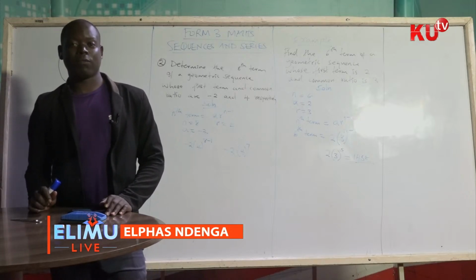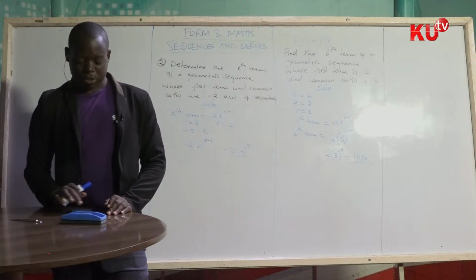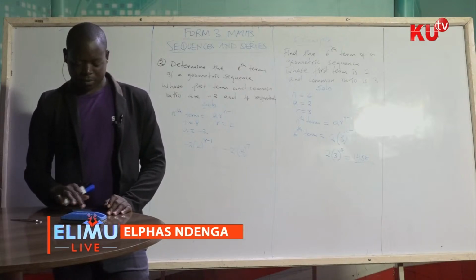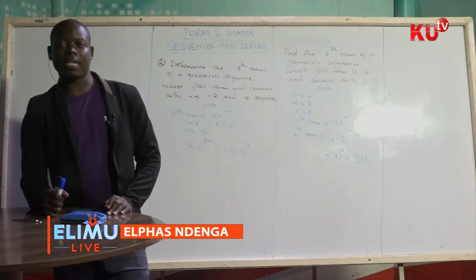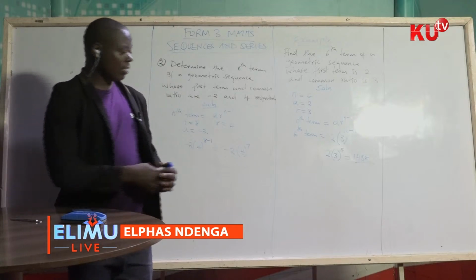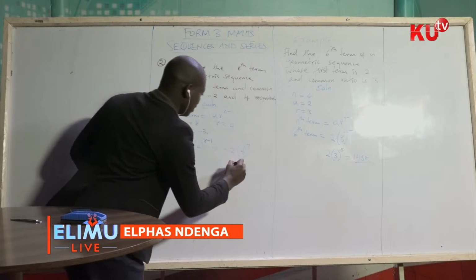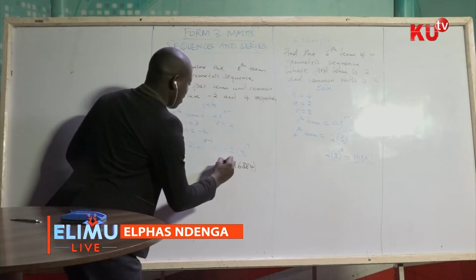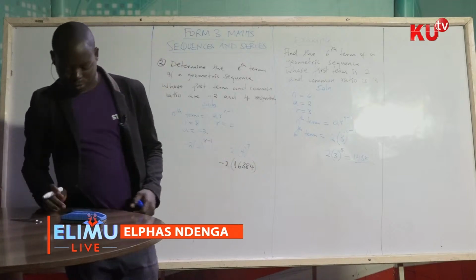It means 4 multiplied 7 times. That is 16,384. Then we multiply by -2.